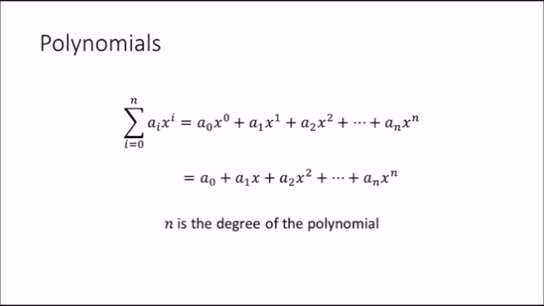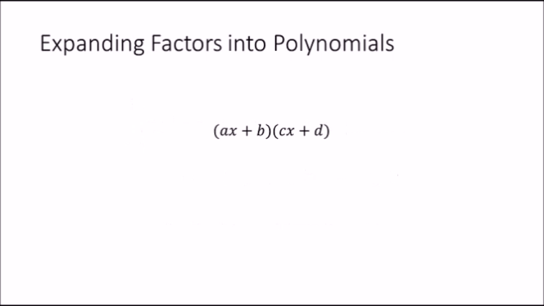The first is a more straightforward skill involving expanding factors into polynomials, and the second involves solving polynomials or finding the roots for polynomials. When we talk about expanding factors into polynomials, the basic idea is that you have some mixture of terms involving x and maybe some constants all multiplied together that consist of your function.